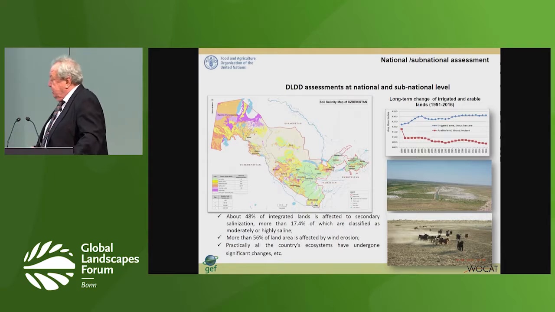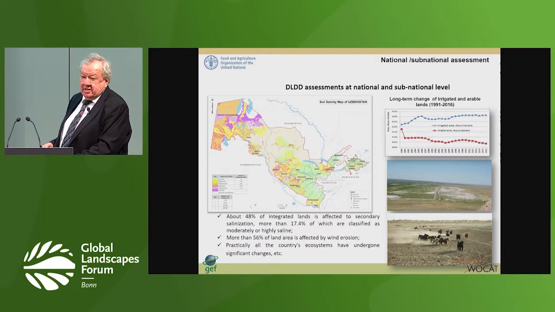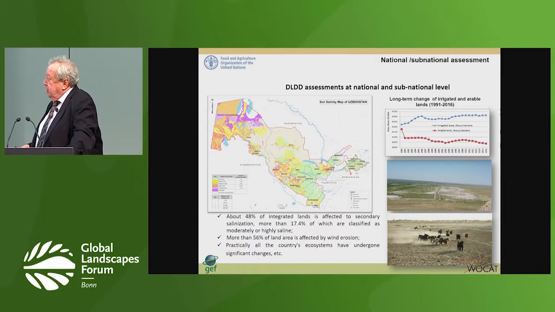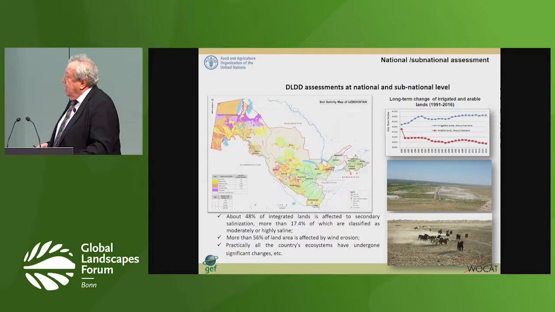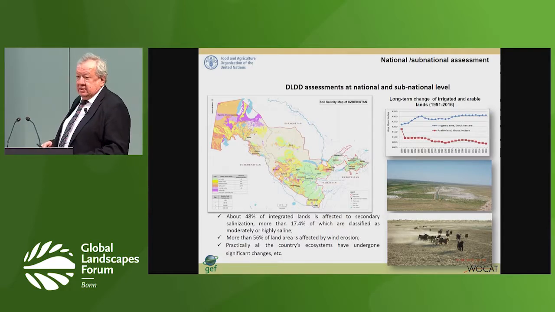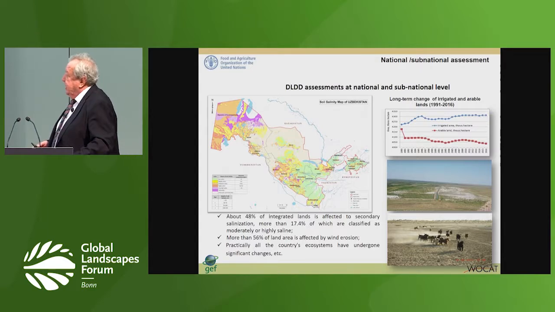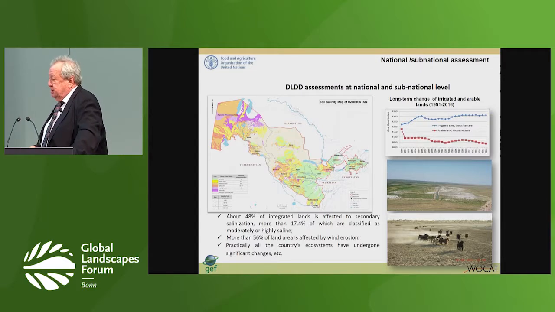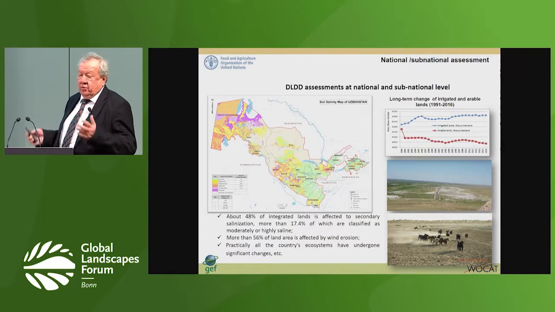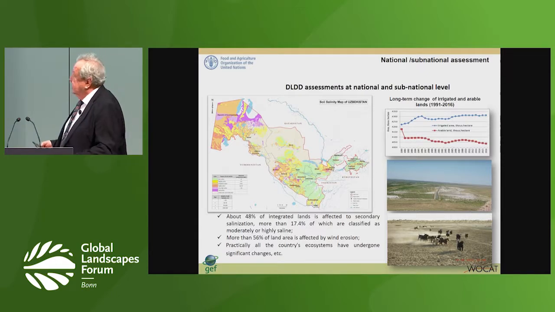More than 17% of these lands are classified as moderately and highly saline lands. And more than 36% of land is affected by erosion factors. And practically all the country's ecosystems are subjected to different changes.